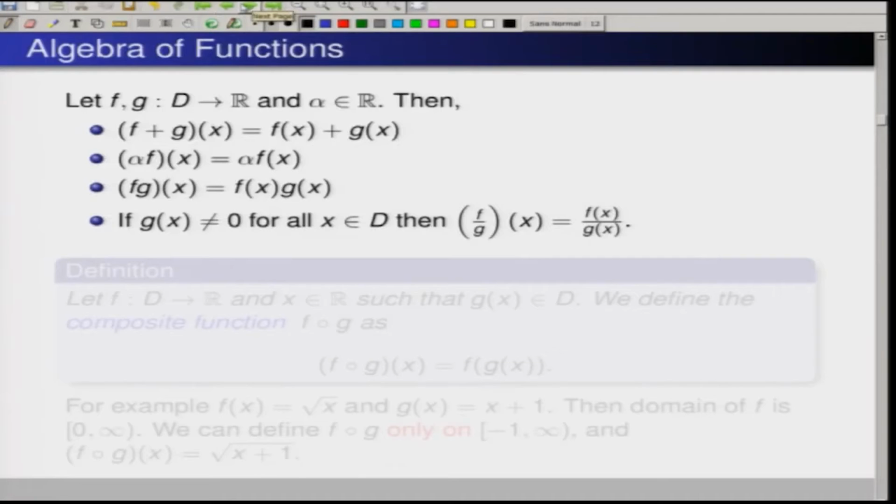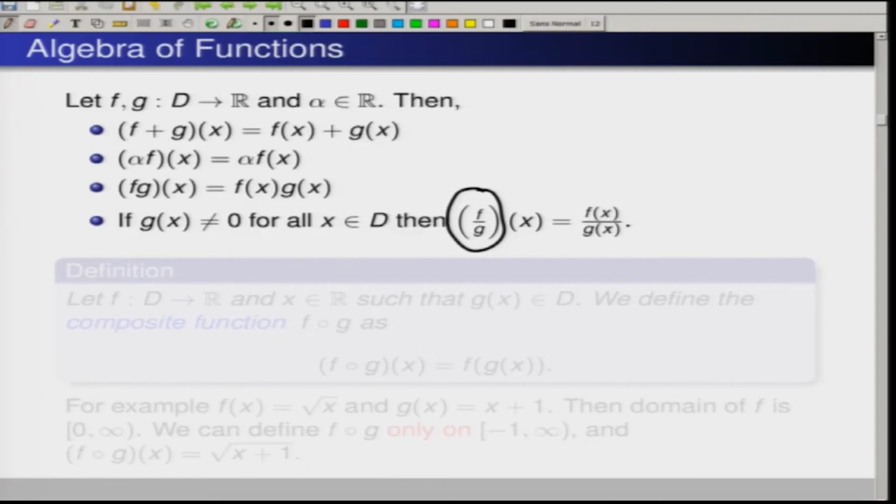Now, if I have a real number not equal to 0, then I can define 1 over that number. So, in exactly the same way, if g of x is not equal to 0 for any x in the domain D, and where f is also defined, then I can define this concept of f by g. f by g, as a symbol, which is a kind of division, is equal to f of x by g of x.